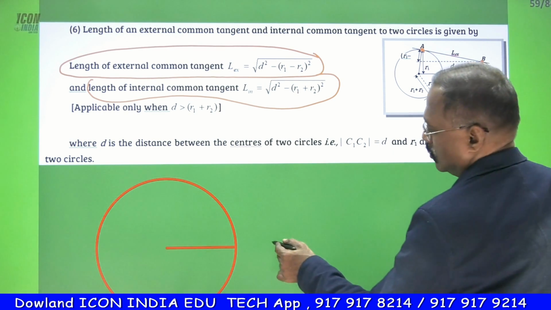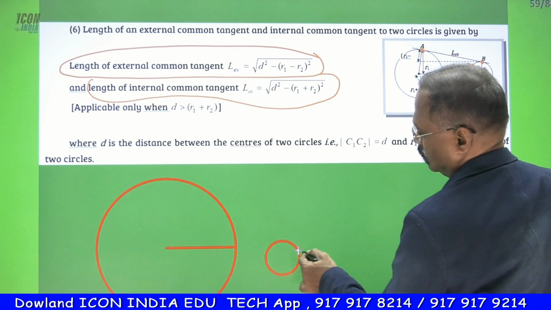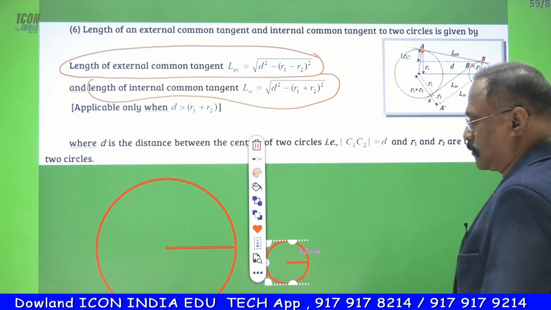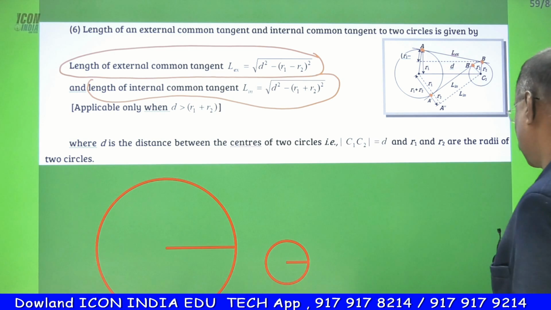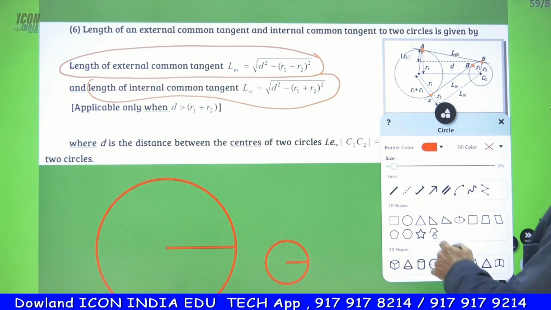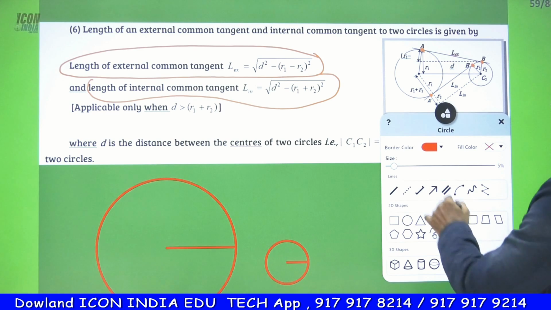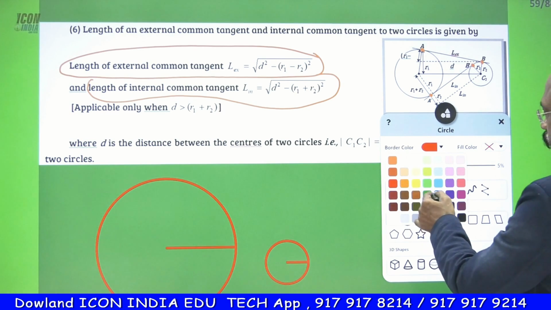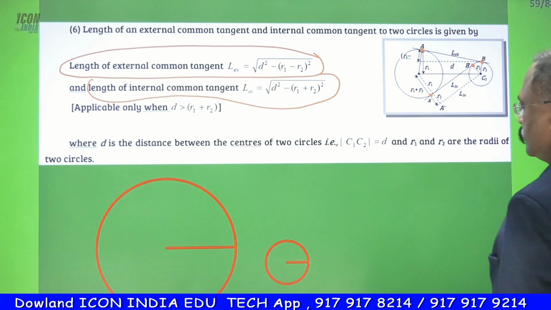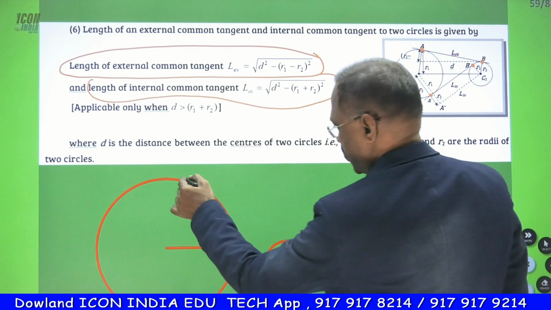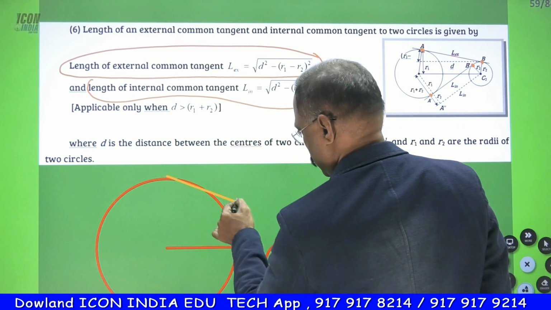This is a smaller circle. Now what I need is the length of the direct common tangent, so let us choose this one, the direct common tangent.